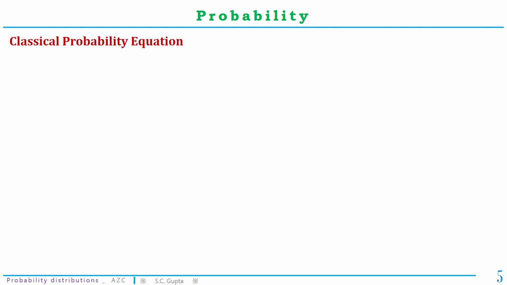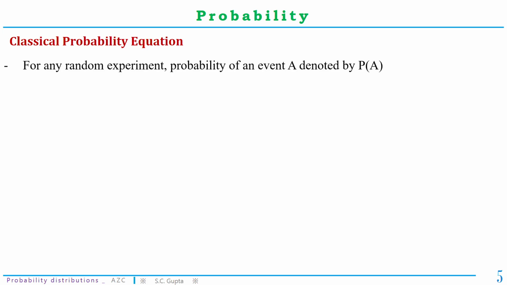Classical probability equation. For any random experiment, probability of an event A is denoted by P(A).